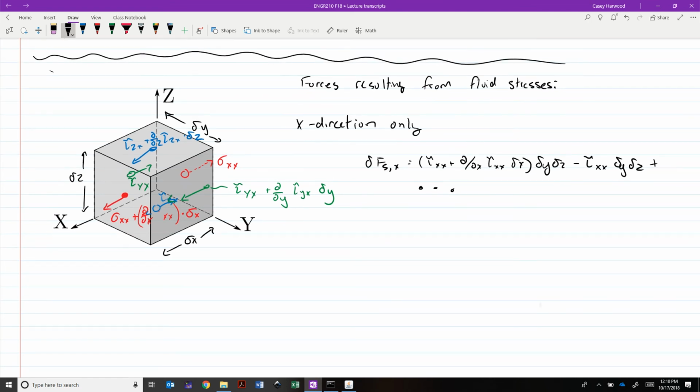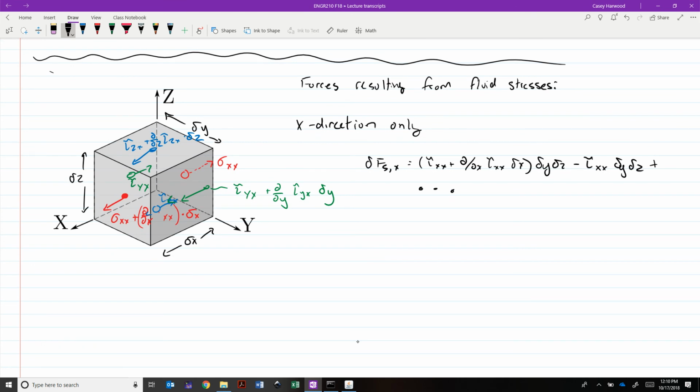Okay, we've been through this process before, but what we're going to end up with then is partial x of tau xx plus partial y of tau yx plus partial z of tau zx times delta x, delta y, delta z, where we can also write this as sigma xx. So we could write it either way.